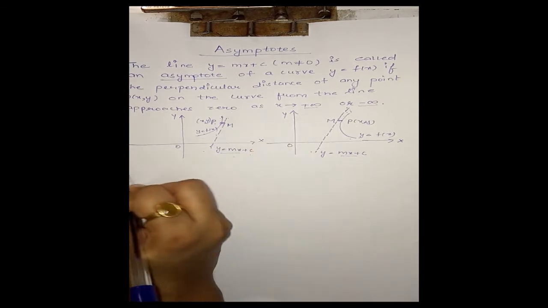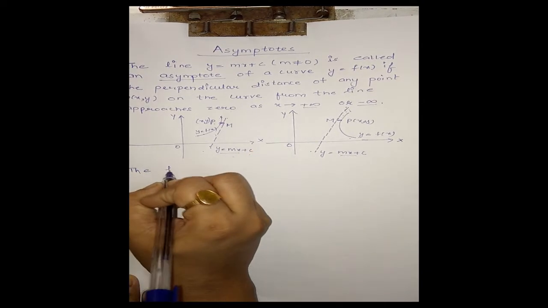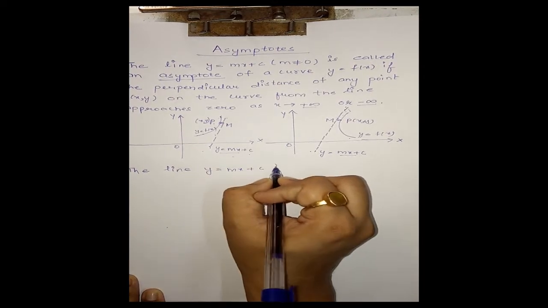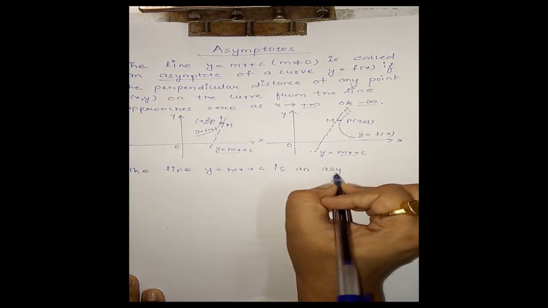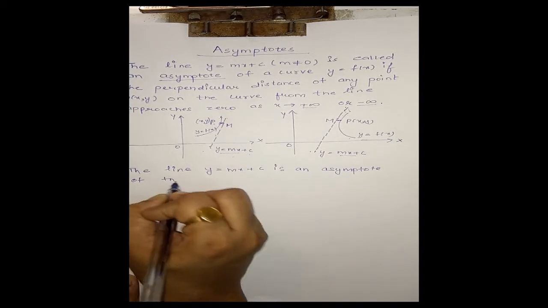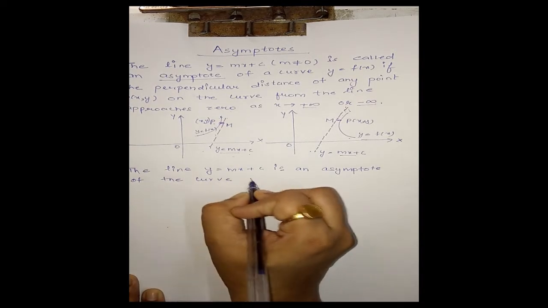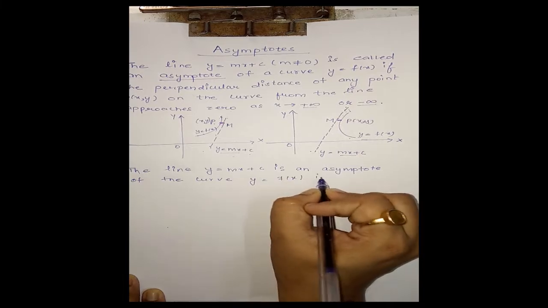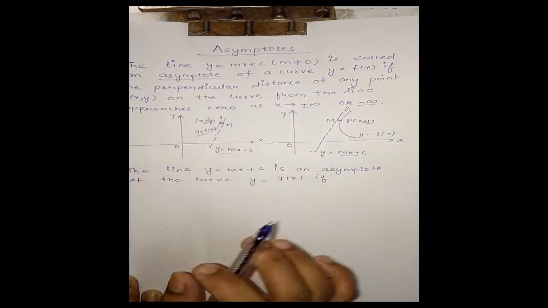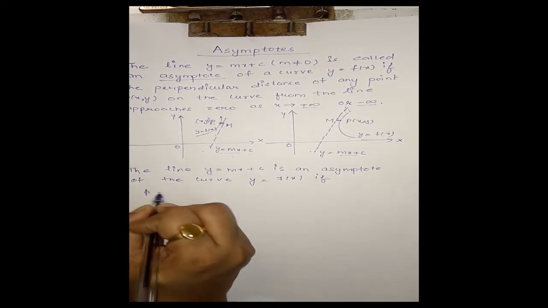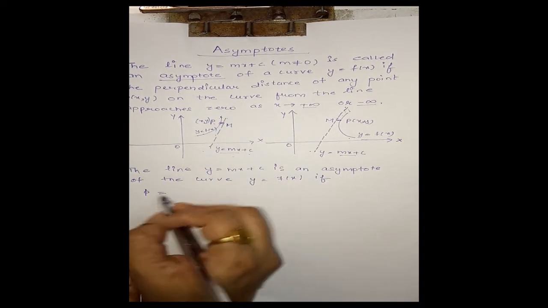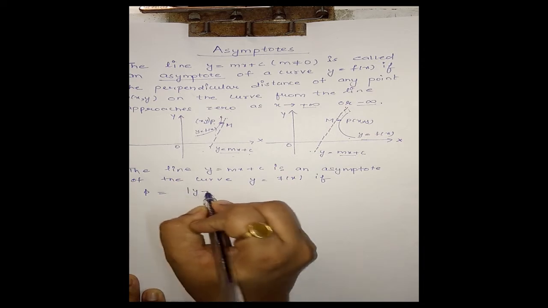Now, the line y is equal to mx plus c is an asymptote of the curve y is equal to f(x) if, by definition, the perpendicular distance of any point on the curve approaches 0. The perpendicular distance of any point on the curve y is equal to f(x) to the line y is equal to mx plus c is given by this.